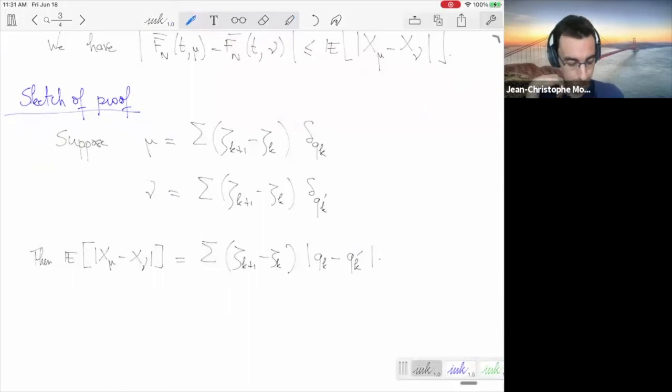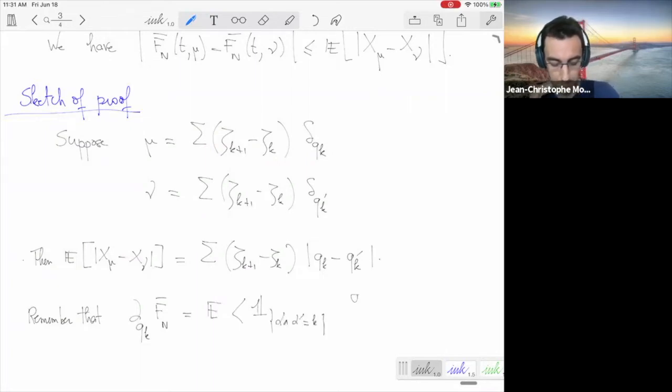And remember that this derivative with respect to qk of fn bar, we have found it to be the expectation of the indicator function of alpha wedge alpha prime equals k times the sigma overlap.